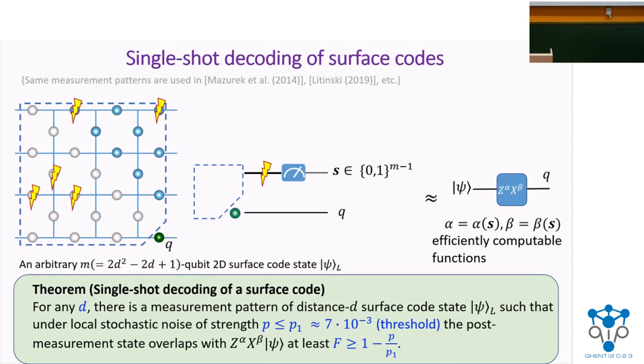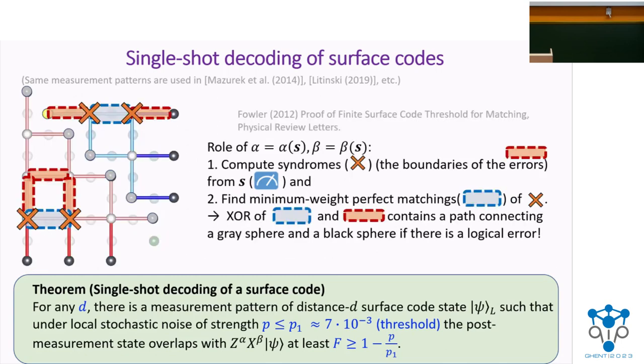And this work was done by Mazurek or Litinsky in a more restricted error model. The proof technique just uses the idea by Fowler in 2012. Basically, you use all the classical measurement outcomes to compute syndromes, and you find a minimum perfect matching.